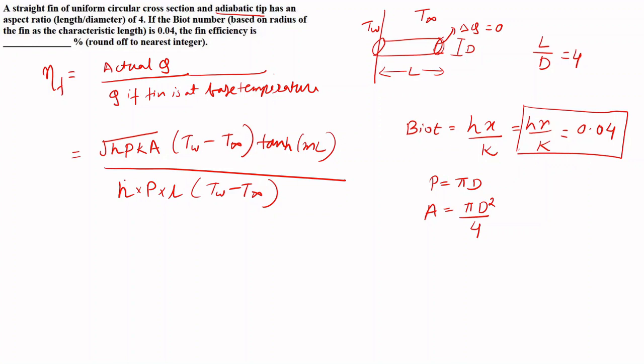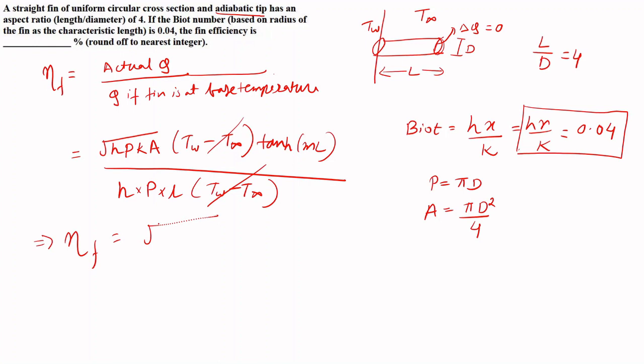So this is my fin efficiency. From here you can just cancel these terms. Fin efficiency will be given as under root of hP kA upon hPL, times tanh ml.